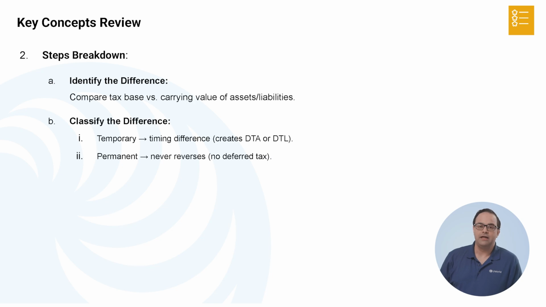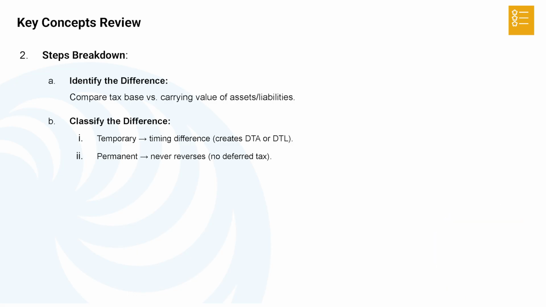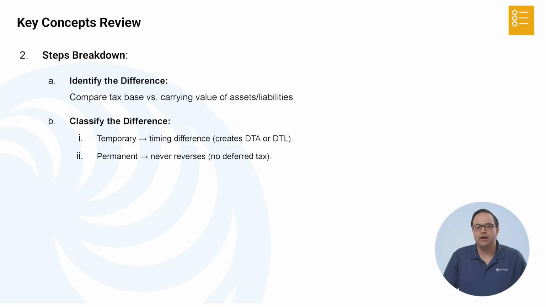The key here again is to analyze whether this difference is temporary or permanent in nature. Deferred tax assets or liabilities only arise due to temporary differences between GAAP accounting or financial reporting and tax accounting. A key way to remember this is in the name: deferred implies that it will be realized at some point in the future.